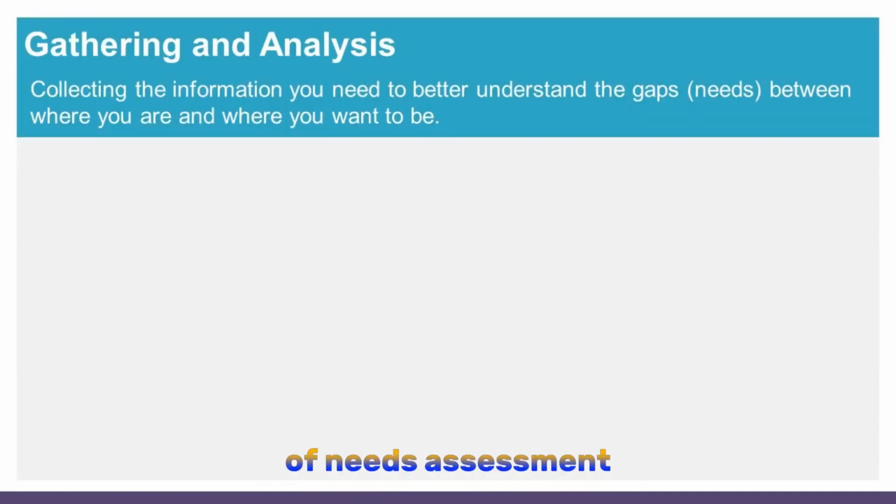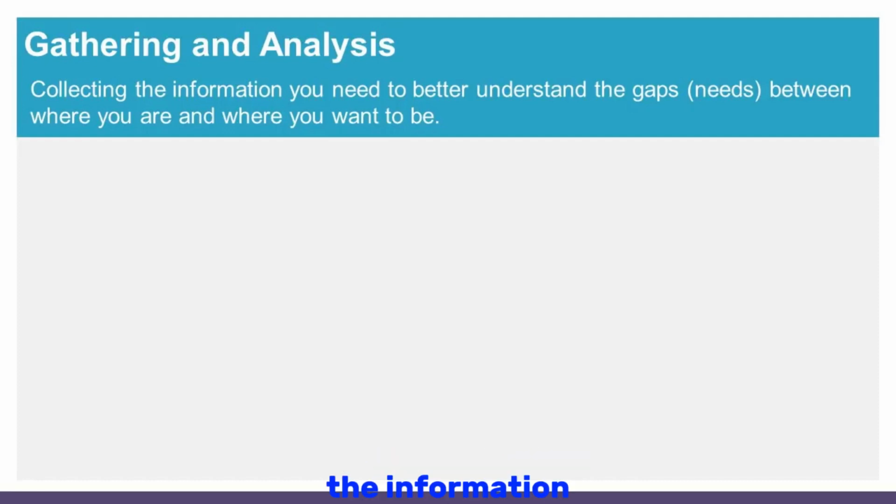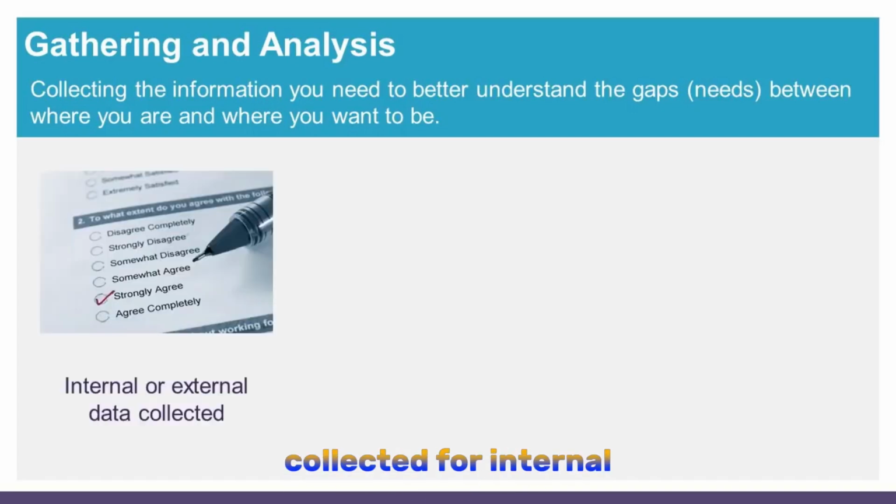The second phase of needs assessment is data gathering and analysis. At this stage, you are collecting the information you need to better understand the gaps, or the needs, between where you are and where you want to be. Data may be collected internally, from data you may already have about the target groups, or collected externally, including surveys or interviews and analyses of secondary data.